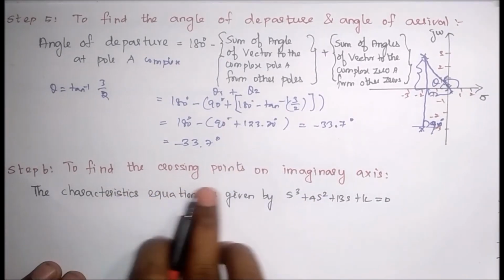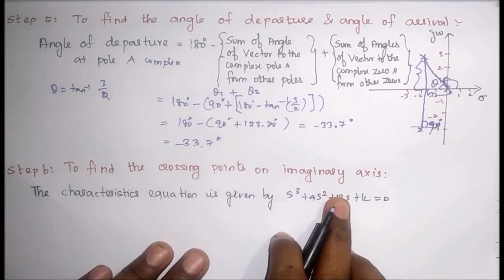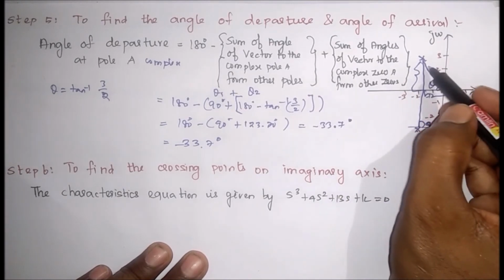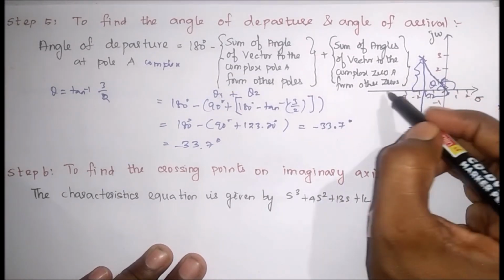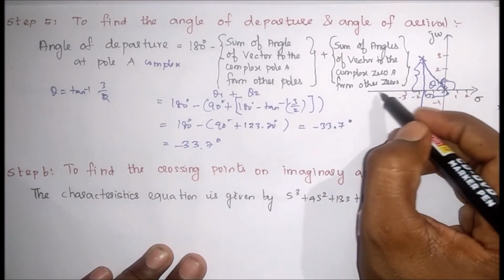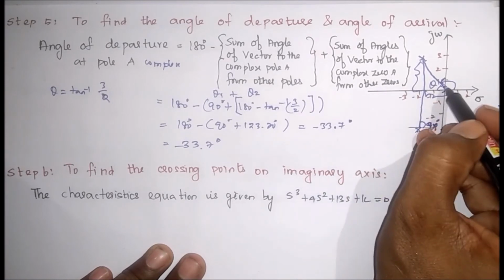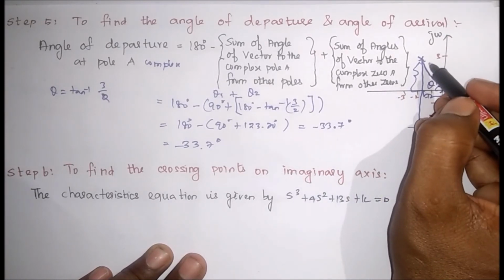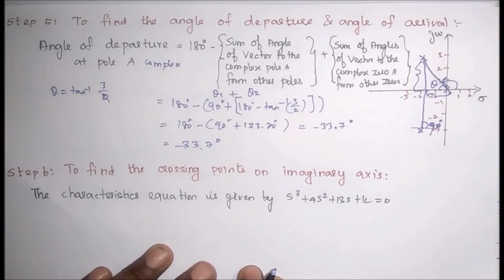Next, to find the crossing points on the imaginary axis. The negative real axis is already a part of this root locus. From the procedure, we know that as many open loop poles as are available, that many root loci will be there.